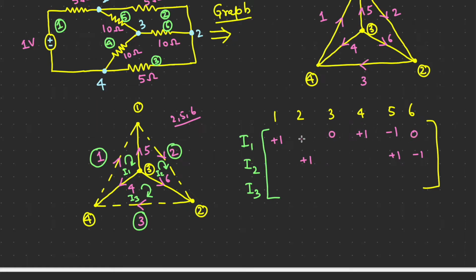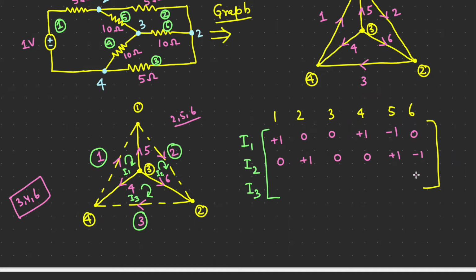Remaining terms are 0. Then loop 3 consists of 3, 4, and 6, where 3 is in the same direction because it's a link, 4 is in the opposite direction, and 6 is in the same direction.